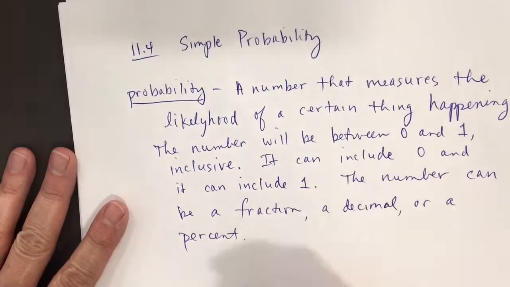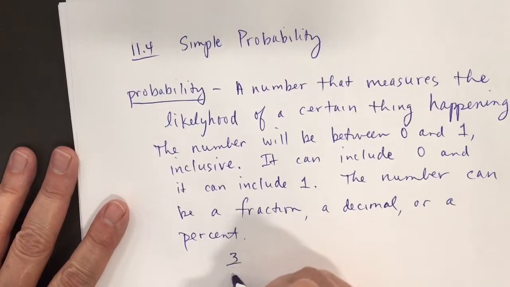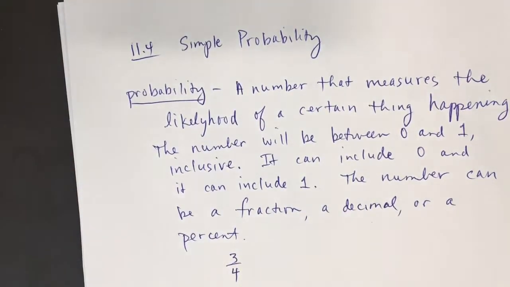So here's an example. I might have the fraction 3/4. Maybe the probability of some event is 3/4. Maybe they want it as a decimal. And if they do, I would have to write 3/4 as a decimal.